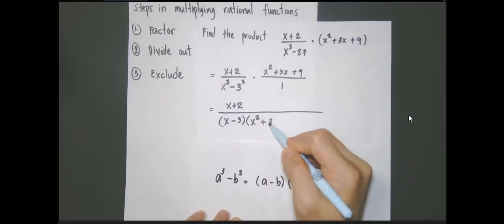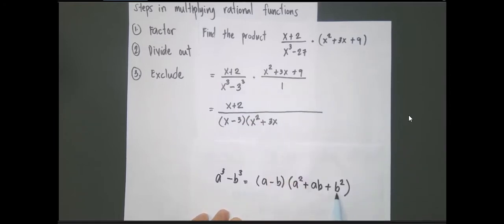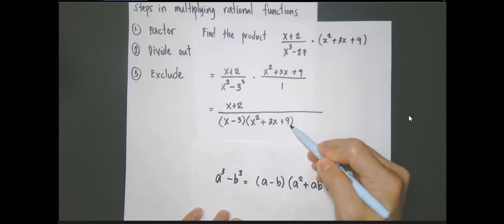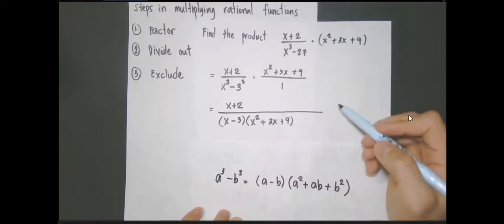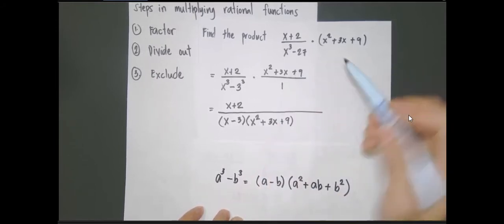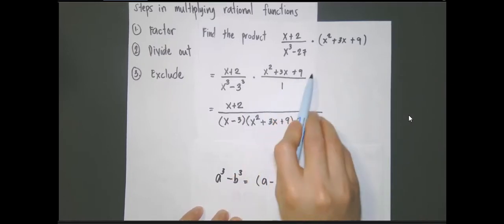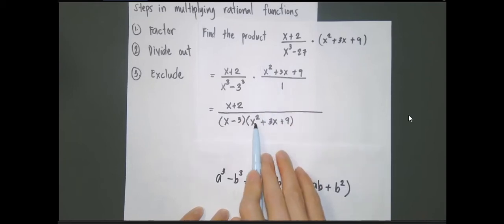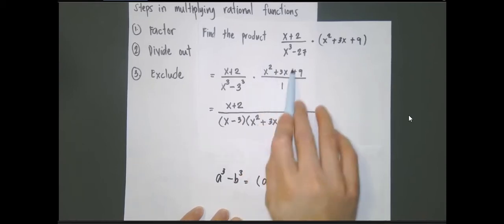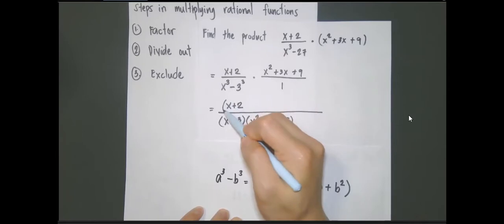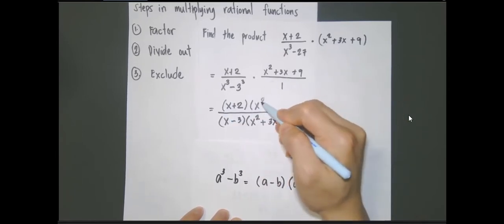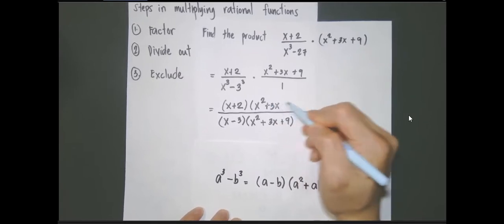Plus b squared. Our b is 3, so what is 3 squared? That is 9, times 1, so we don't need to place that 1 anymore. Next, you don't need to factor the numerator because we have a common factor. So just copy your numerator in the other factor, which is x squared plus 3x plus 9.